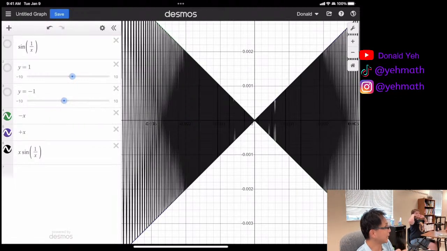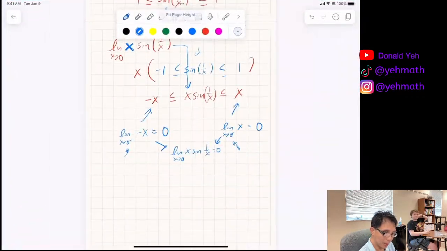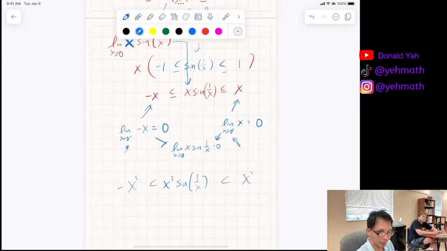And not only this, does that apply to x squared sine of 1 over x? It does, because I can change this to x squared, right? I can change it to x squared. I can change this to x squared. And the only thing is I multiply the whole inequality by x squared.